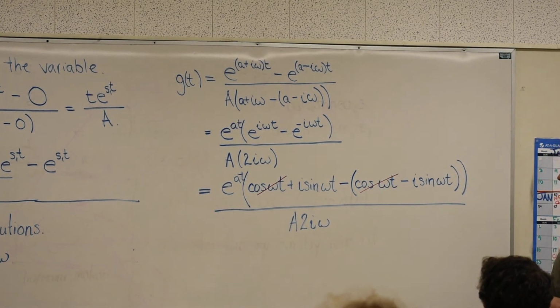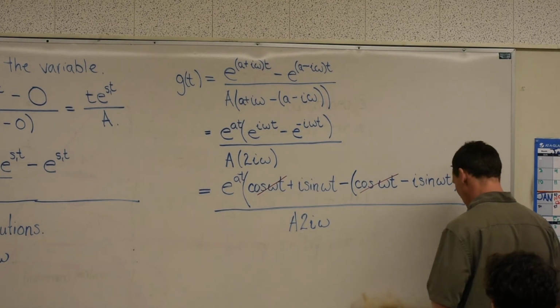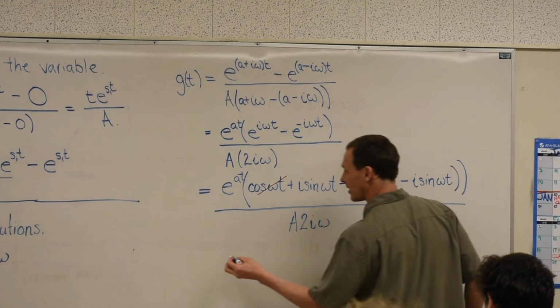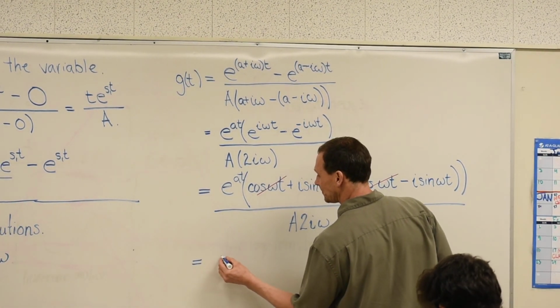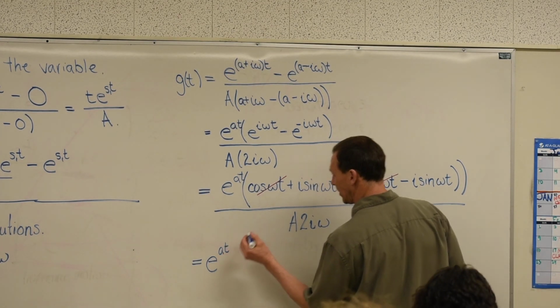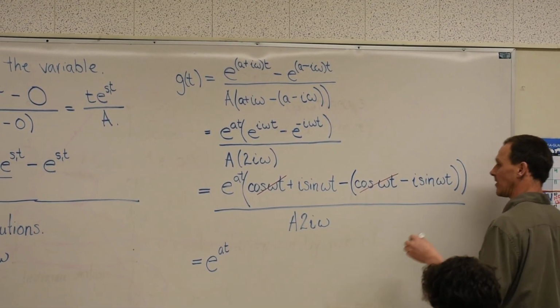Oh, there's some more slashing coming up. Does anyone see what it is? Look at this. Here's an i. Well, you know what? I won't do it that fast. I know I'll make a mistake. This is e. I'm going to pull it out in front, e to the a times t. I have an i sine omega t minus a negative i sine omega t.